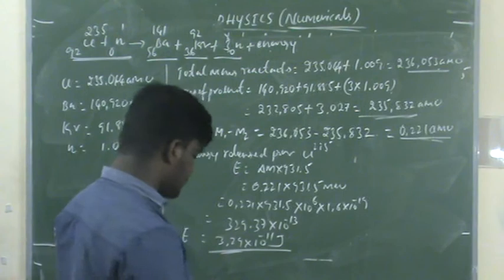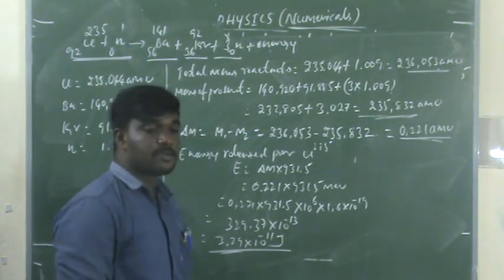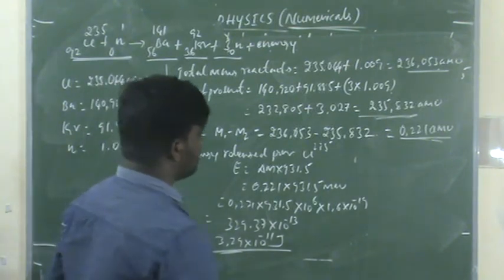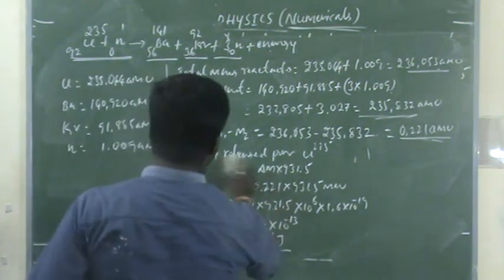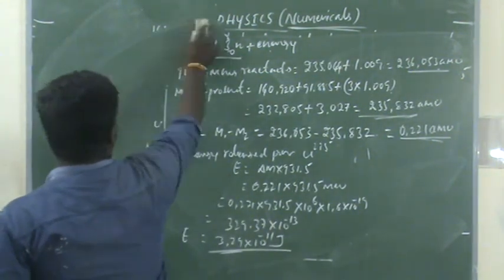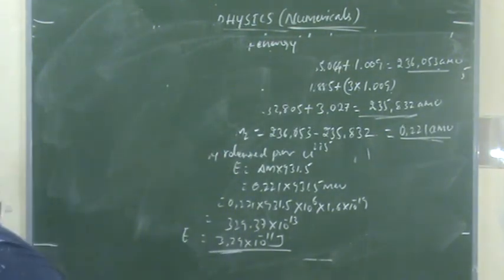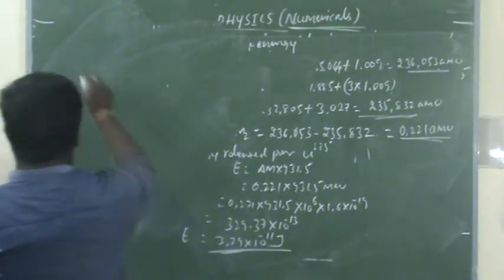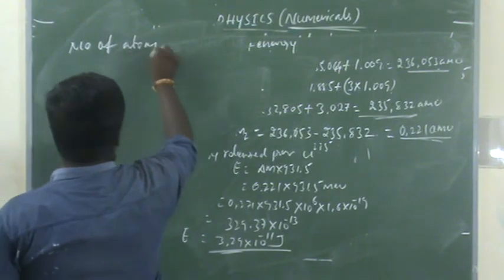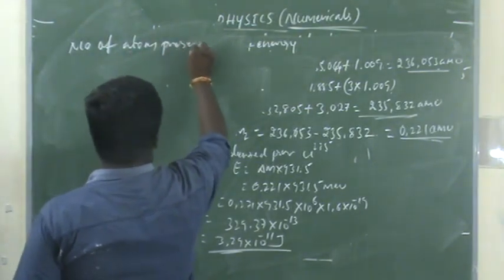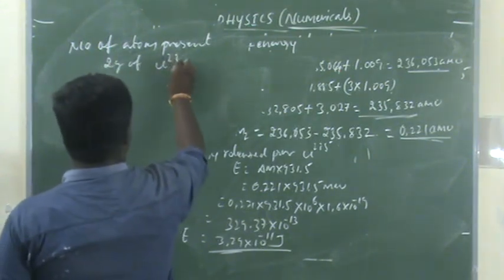Next we have to calculate the number of atoms present in 2 grams of uranium 235.